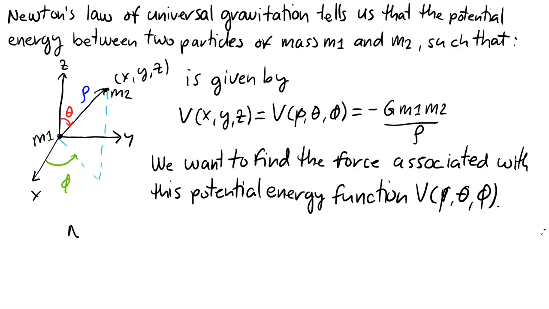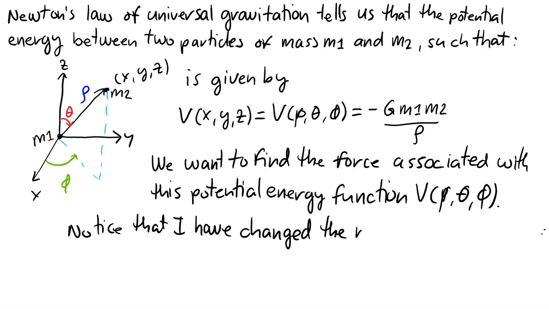Notice that I am now calling the potential energy function V of x, y, and z, or of rho, theta, and phi, since if we use phi for the potential energy, it can be confused with the angle phi, and we really don't want to do that.